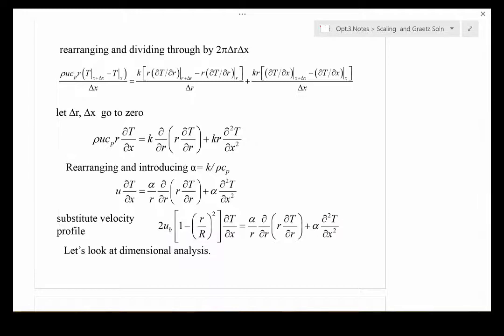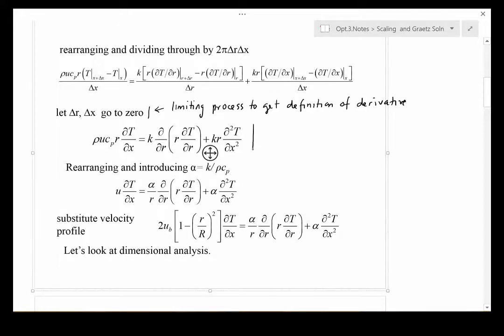We rearrange and divide through by 2 pi delta r delta x. As you can see, we start identifying pieces of this that we want to use a limiting process for. So we do the limiting process to get the definition of a derivative. We get our final version of the energy equation for this fully developed pipe flow problem.